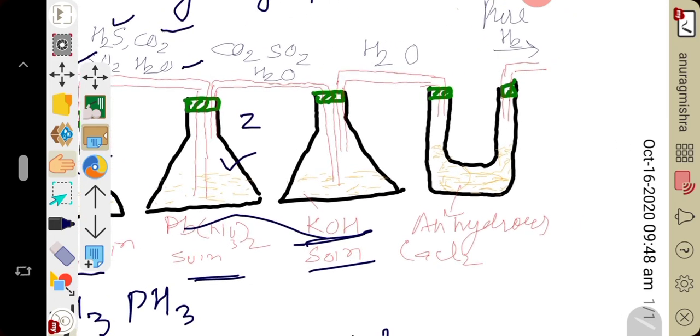So here in the last U-tube we have kept anhydrous calcium chloride. We all know anhydrous calcium chloride acts as a drying agent. So it will absorb water vapor from the hydrogen gas, and finally pure hydrogen gas will come out from this outlet.